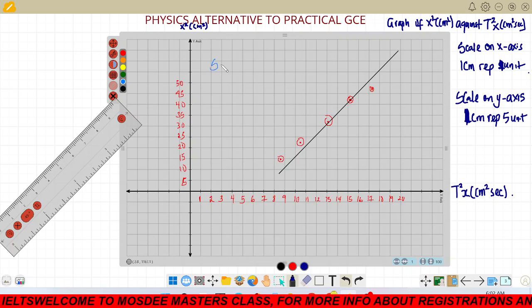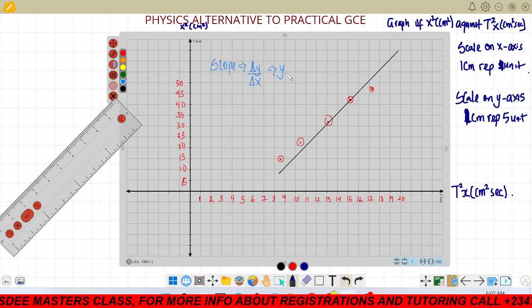The rise is the change in y over the change in x, so y2 minus y1 over x2 minus x1. You just place values. For your own convenience, you can draw the right angle triangle the way your teacher would have explained.